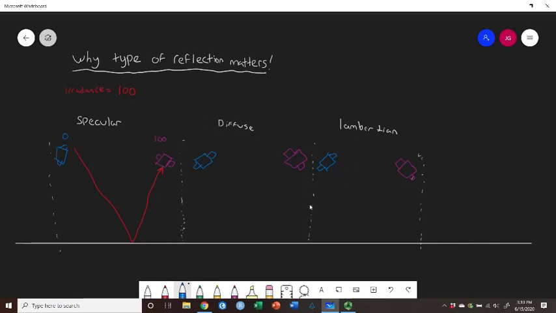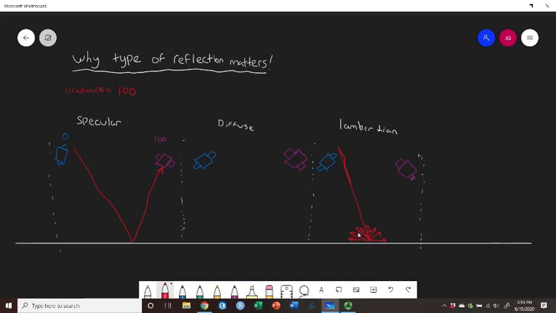So let's jump over here to the idea of Lambertian. We're going to simplify Lambertian slightly, and we're going to say that it comes in again at a value of 100, and it reflects off in 10 directions: 1, 2, 3, 4, 5, 6, 7, 8, 9, 10. So it's coming off in 10 directions evenly.